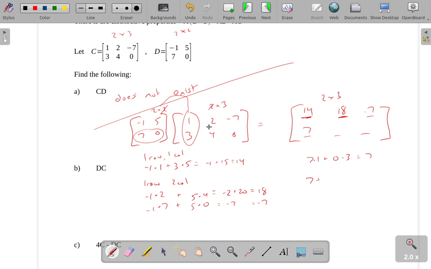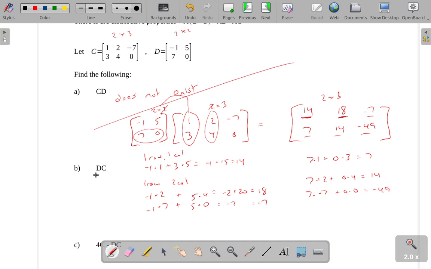For the second one, it's 7 times 2 plus 0 times 4, which is 14. And lastly, 7 times -7 plus 0 times 0, which is -49. I work to the right along the row while working down the column, doing both at the same time as I write them down.